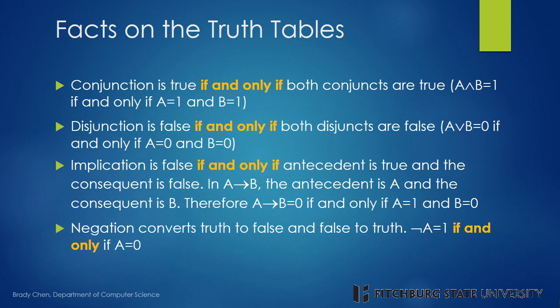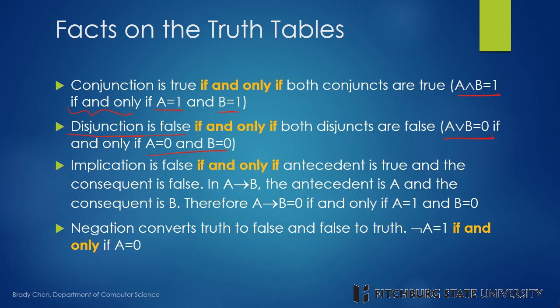That means A conjunction B is true if and only if both A and B are true. Now the disjunction is a kind of weak condition. The disjunction is false if and only if both disjuncts are false. That means if A disjunction B is 0, then both A and B are 0.